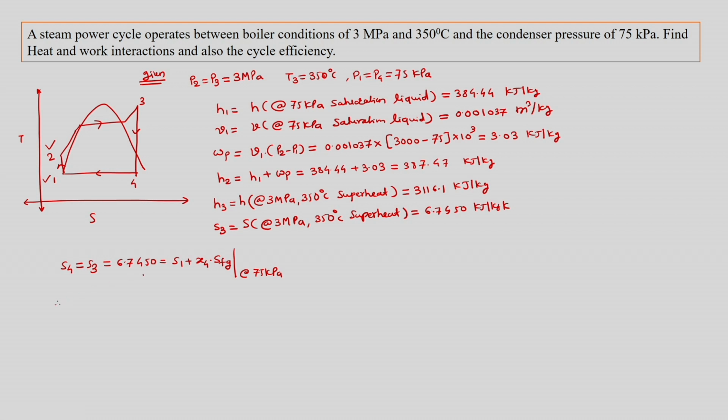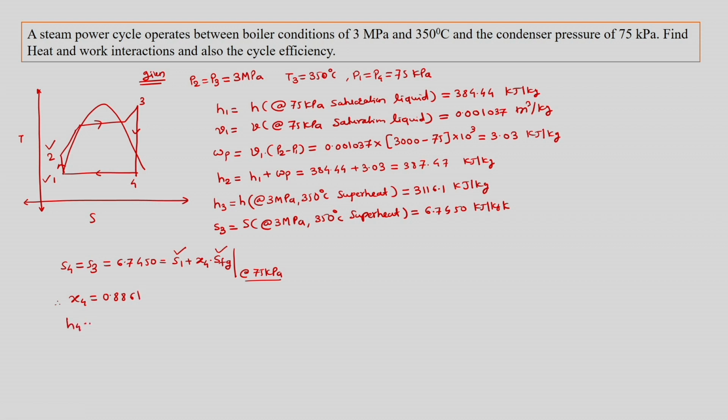So we will see in the steam table what is the liquid saturation entropy S1, what is the latent entropy SFG corresponding to 75 kilopascal, and from that we will get X4, and X4 turns out to be 0.8861.